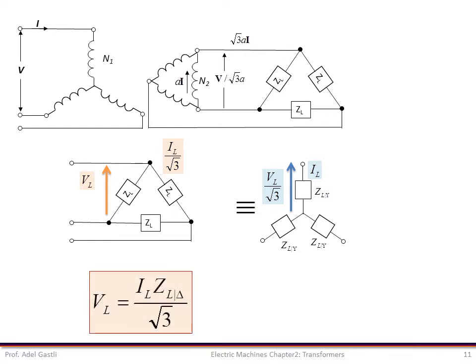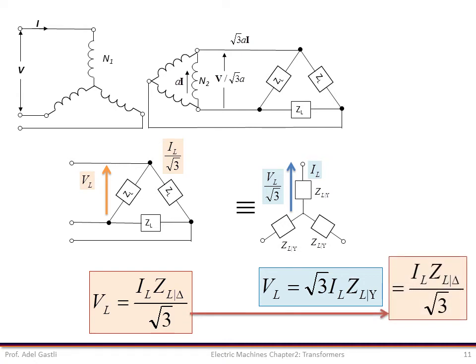Notice also that the line voltage in the delta connection is VL equal to IL ZL-delta divided by square root 3, while the line voltage in the Y connection is equal to square root 3 IL ZLY.